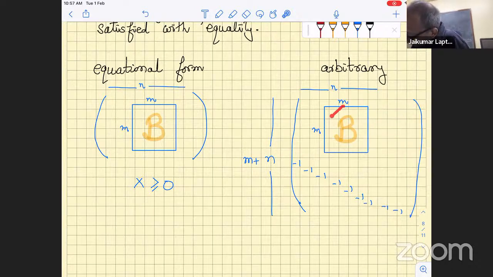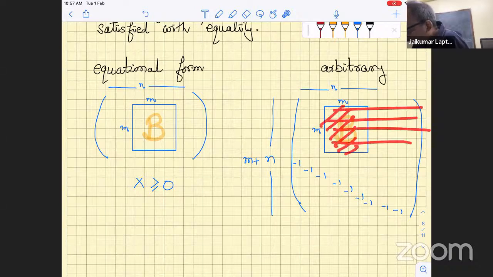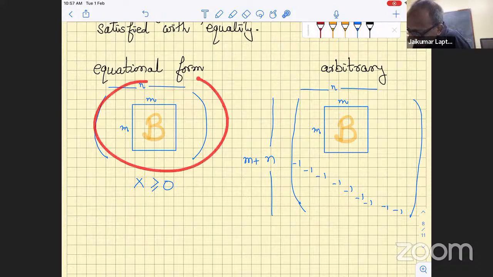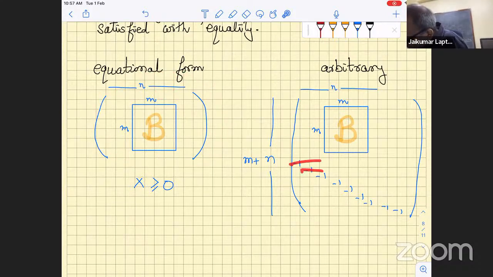So there were m equations that were satisfied with equality already by this, and in addition there were some remaining variables, n minus m of them, which are at 0. So those equations have been satisfied with equality. So if you have any basic feasible solution according to this definition, you can add to them these equations outside of these.